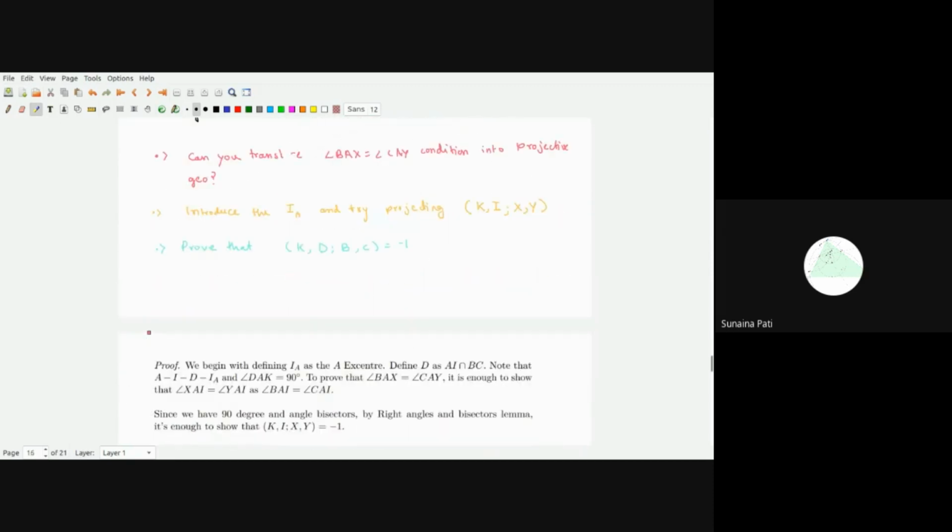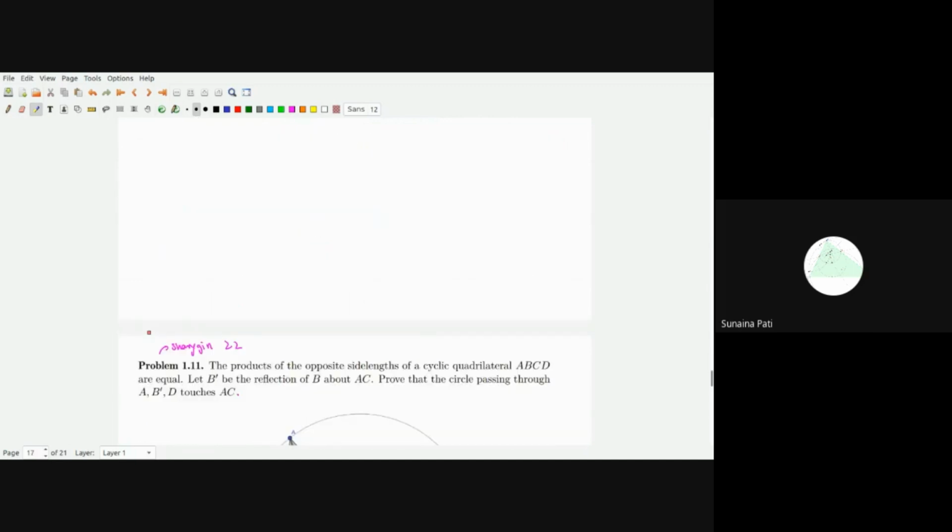Now you have a harmonic quadrilateral, so that's obviously cyclic, and you're now reflecting one point over this line AC. And now you're saying prove that the circle passing through A, B dash, D touches the line AC.